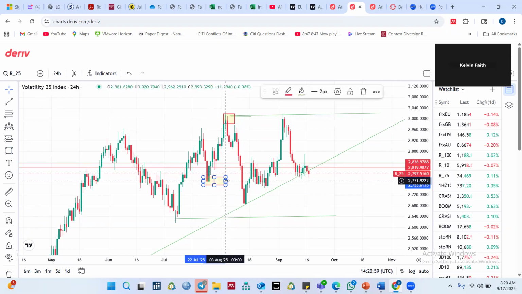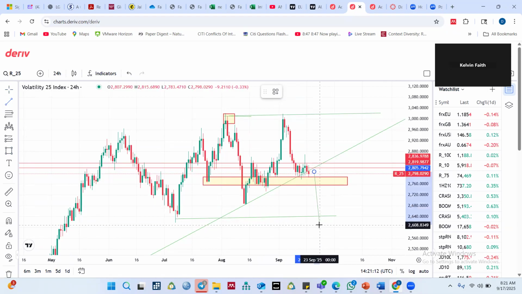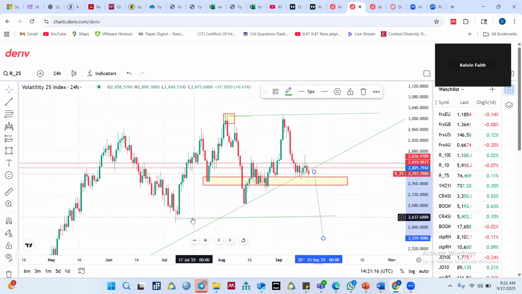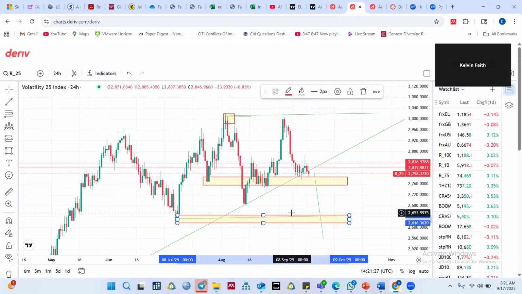So if this low is taken out, it's a sign of a break of structure that can validate this sell. Until this area is taken out, I am not convinced; if it is taken out, then I am going to be convinced that we are really going bearish on 25 index.